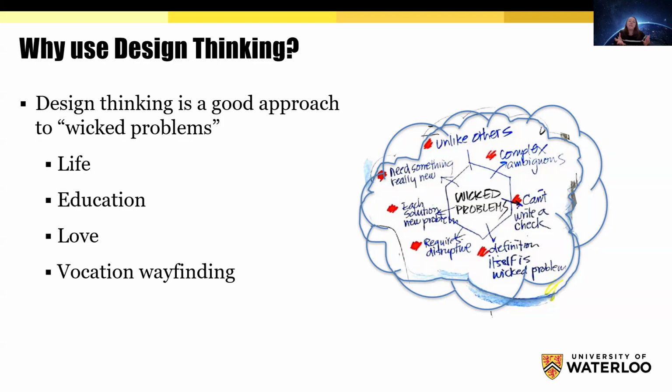But there is no one solution to those kinds of problems, right? They're wicked, they're massive, they're complex, they have all of the different components and moving cogs in the wheel to figure out how we move forward. And so design thinking is a good approach in that it figures out different solutions, and maybe even requires multiple solutions.